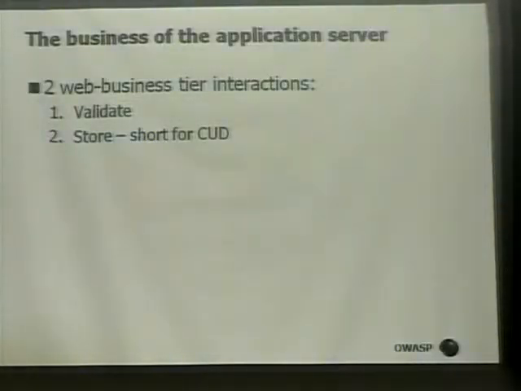So the interaction between the web tier and the business tier is a two-step one. In the first step, you validate data that you want to write to the database, and in the second step, you actually perform the update, which incidentally I've shortened here as store.